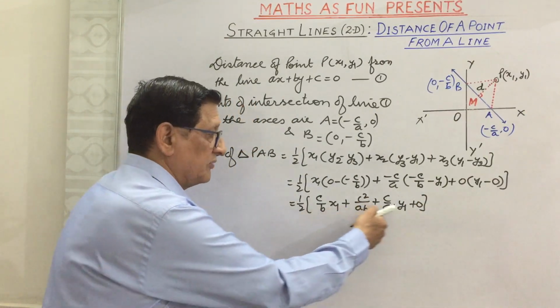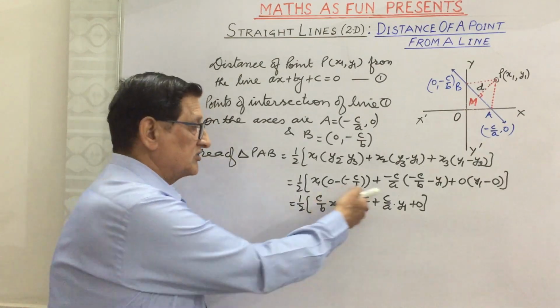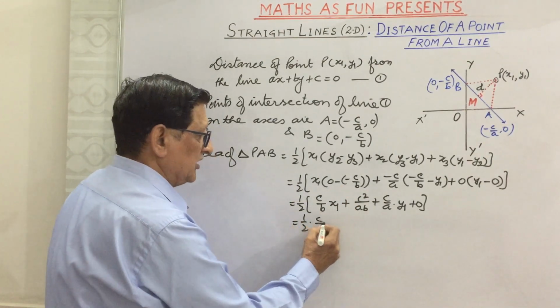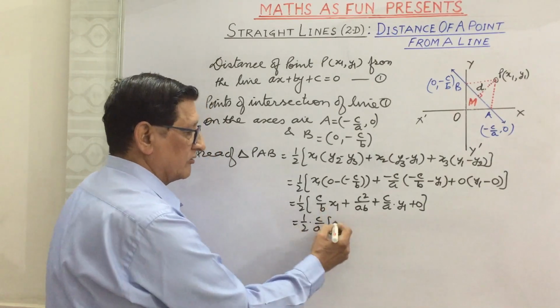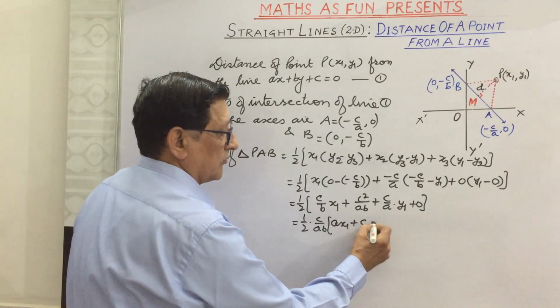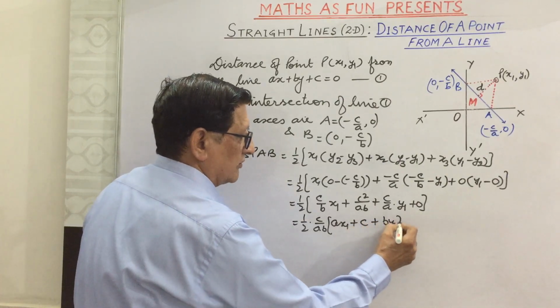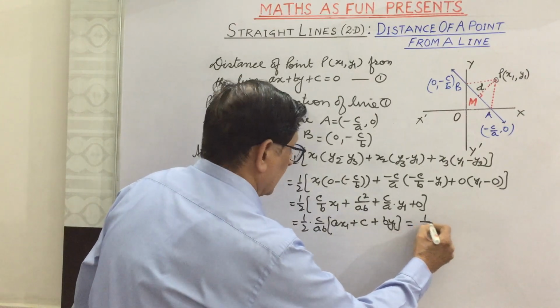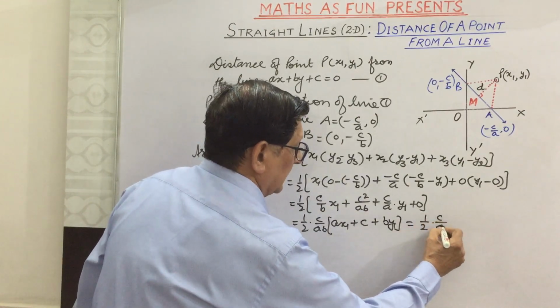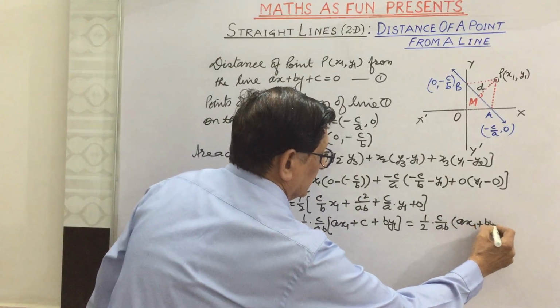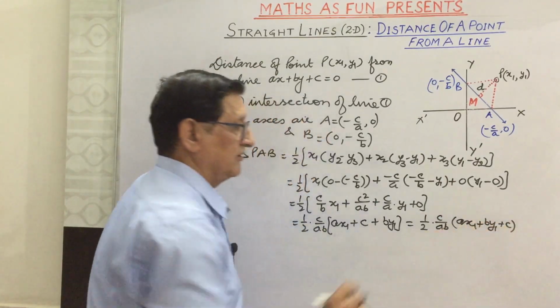If we take the LCM as AB and C as common, we will get half into C upon AB, and here it will be AX1 plus C plus BY1. We can also write this as 1 upon 2 into C upon AB into AX1 plus BY1 plus C.